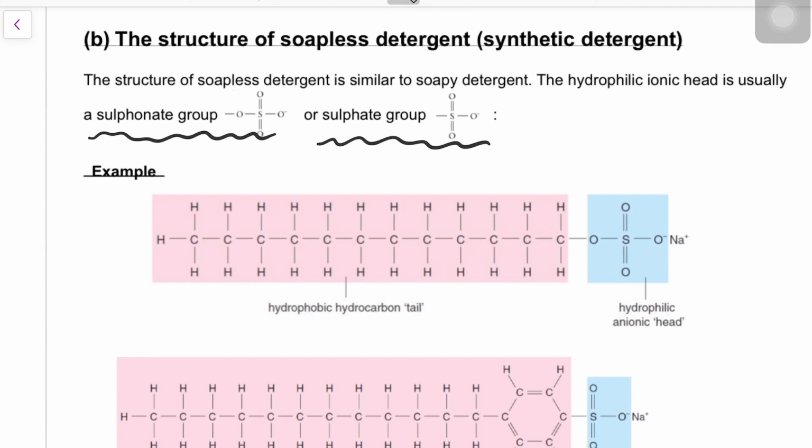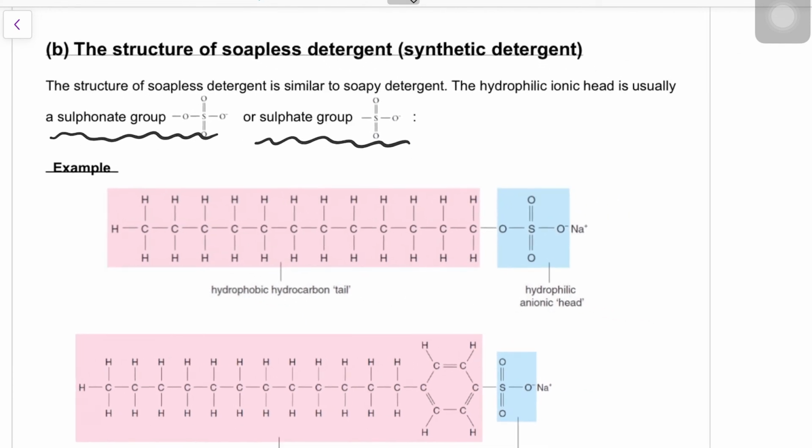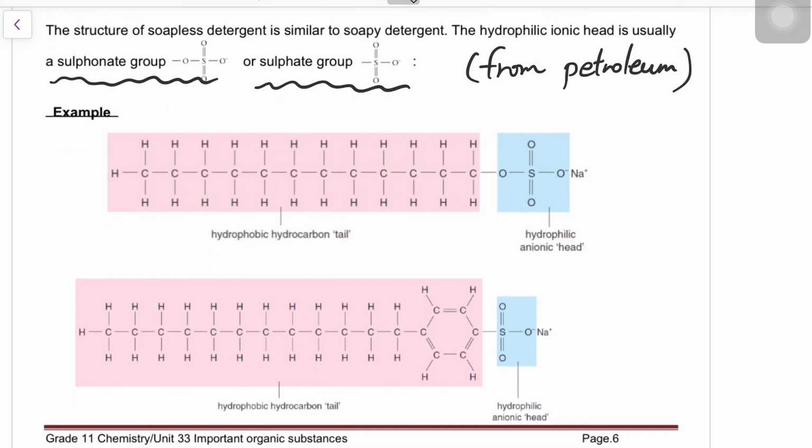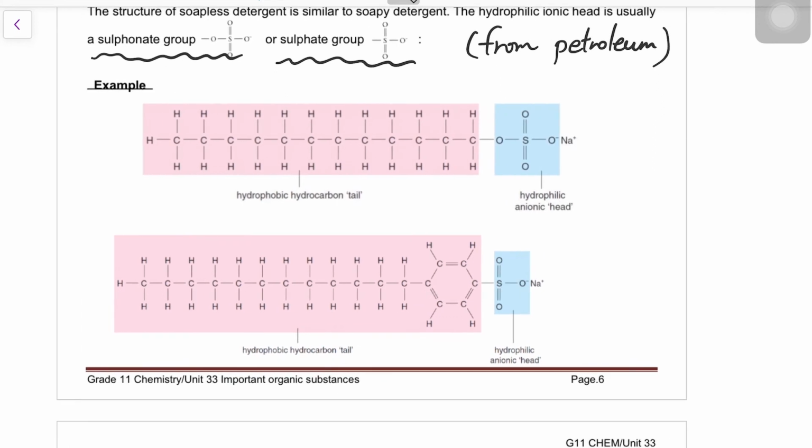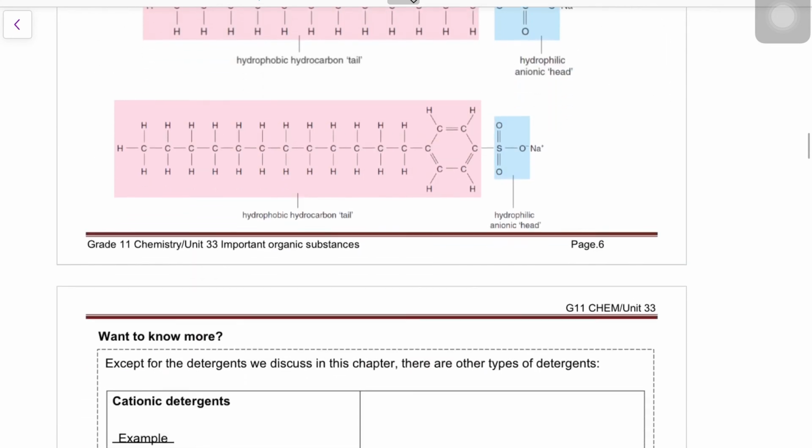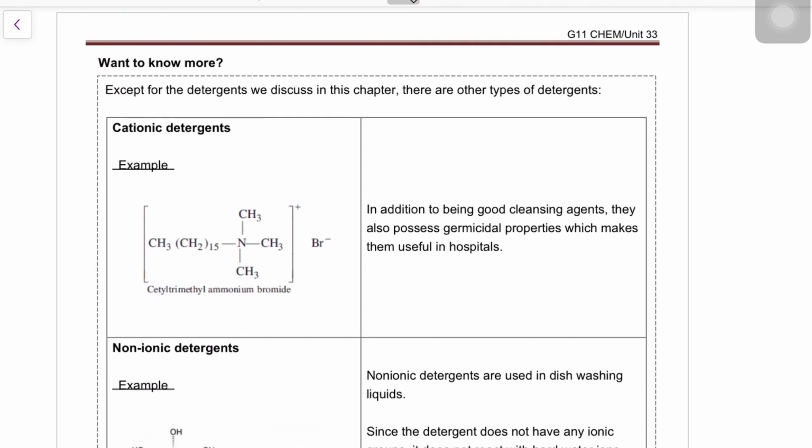Unlike the soapy detergent, the soapless detergent comes from petroleum. That's why when there is a petroleum shortage, the price of soapless detergent will increase. As I say, we have millions of choices of soapless detergent, so here are some unusual ones. Again, no need to memorize, just to let you know.